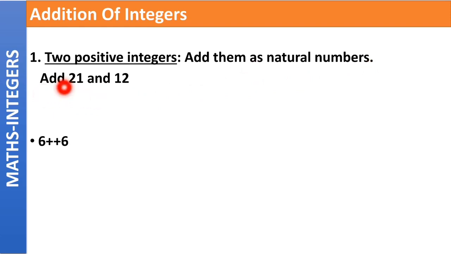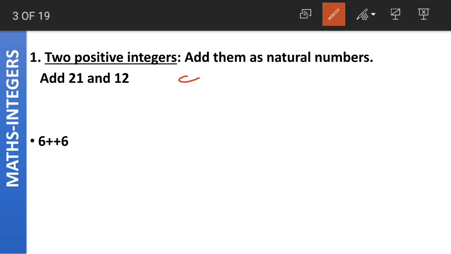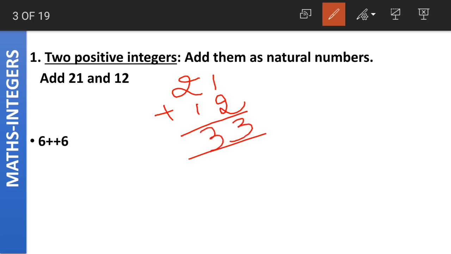Now 21 and 12 are two positive integers, and we add them using the normal addition which we do normally. This is not anything new for us. When two positive integers are given, we simply add them as natural numbers, and the answer we get from 21 plus 12 is 33.